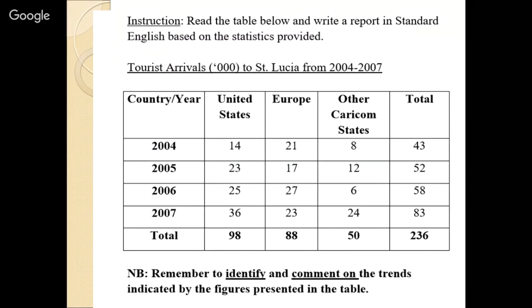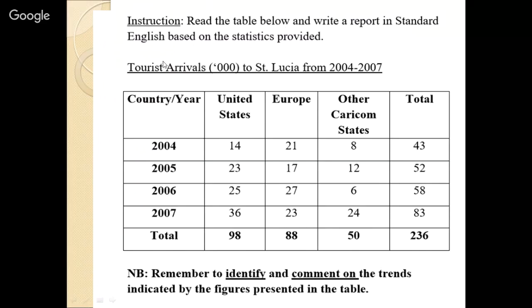All right. So on the screen, you have a table before you, right? This is what a typical question might look like. You're looking at the table. And you might be given a word limit.